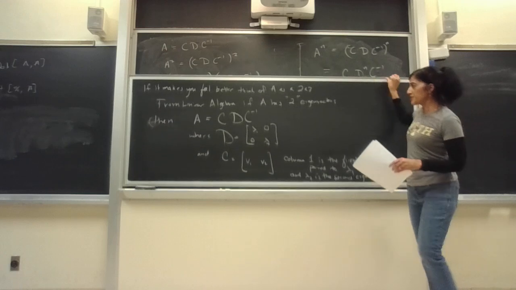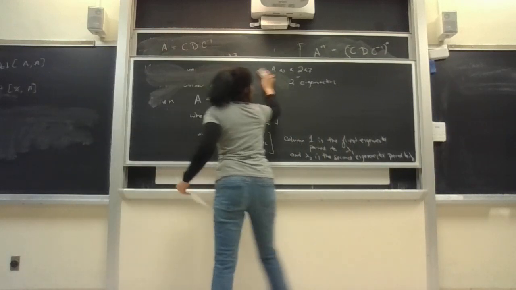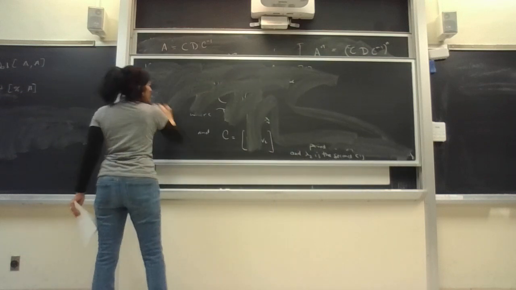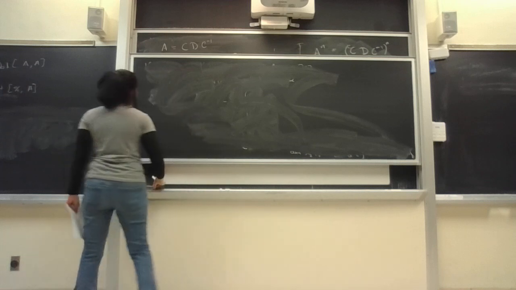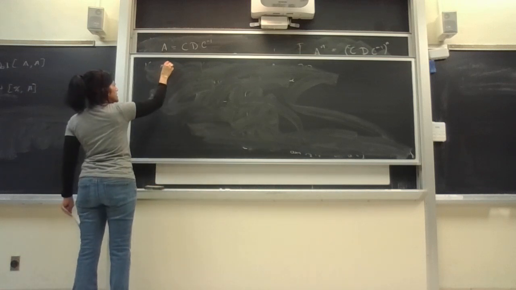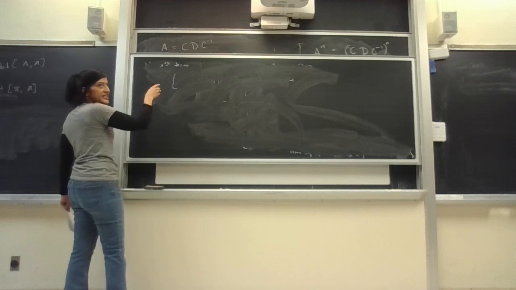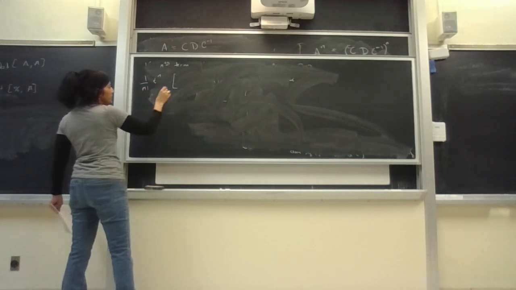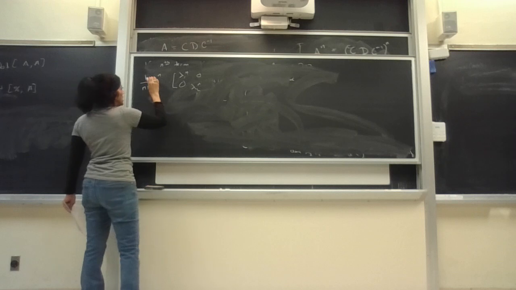All right, so now what do I do with this? Well, let me just pull the nth term. I'm deviating a little bit from my notes. My nth term looks like this. Let me pull the t to the n inside. So if I have a t to the n on the outside, n factorial out here, lambda 1 to the n, lambda 2 to the n out here, 0 is here.